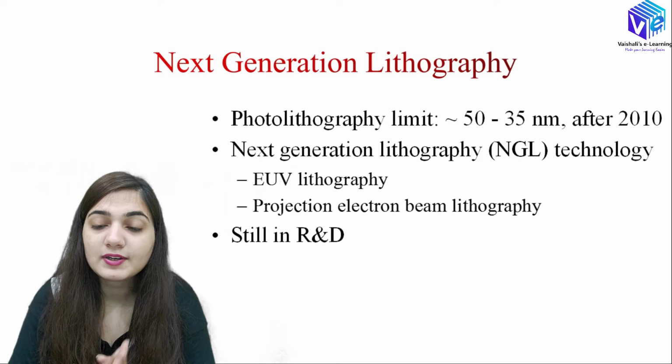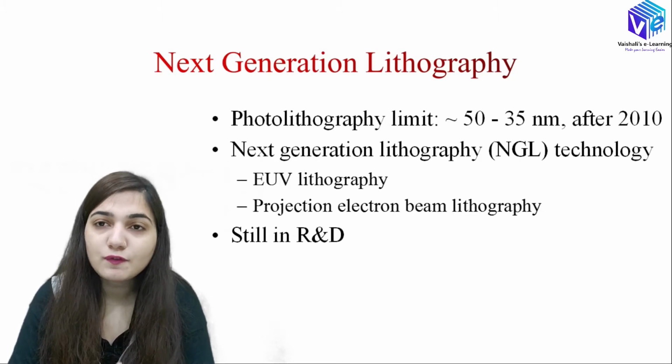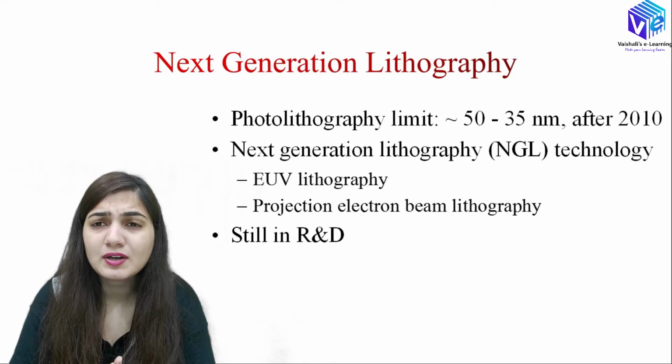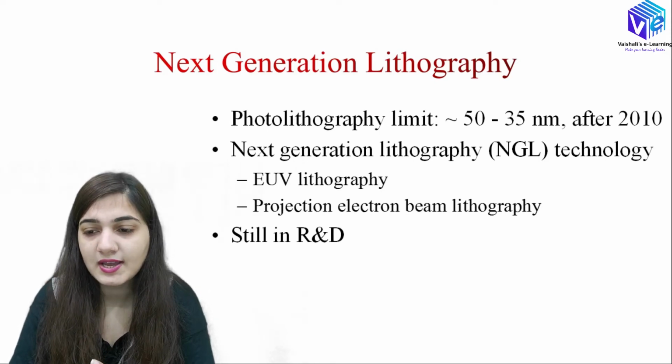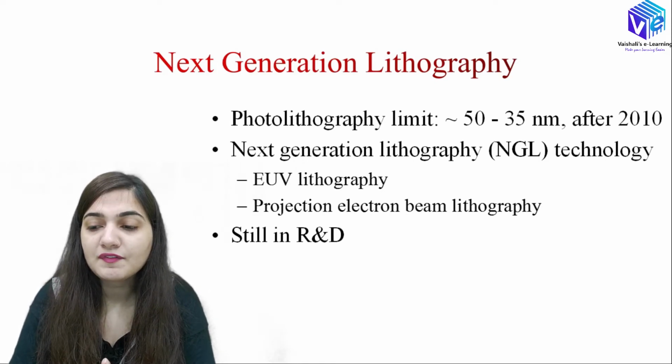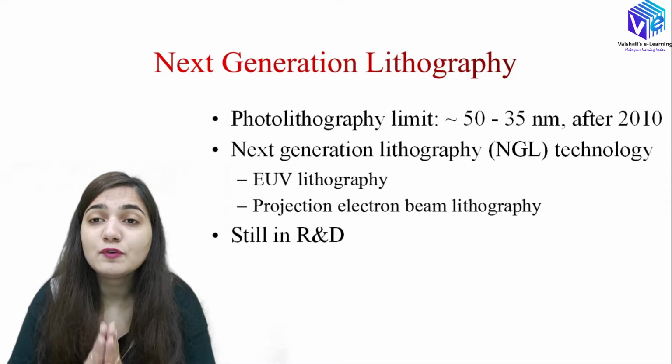Now coming to next generation lithography. Photolithography had a limit on the feature size. We had 50 to 35 nanometer feature size used in the year 2010, and after that we want more and more compact structures.